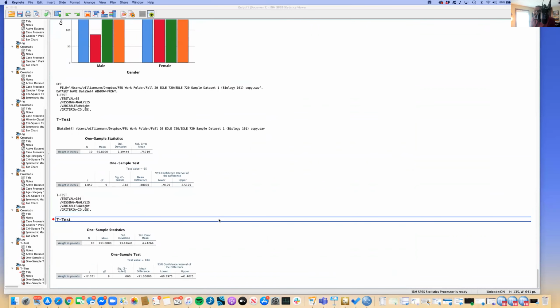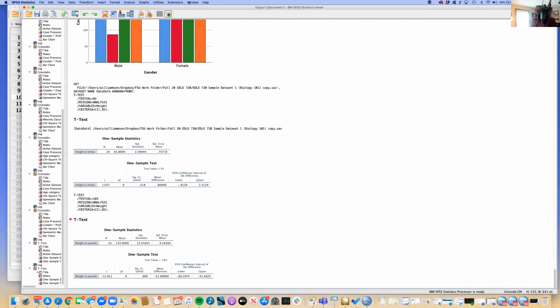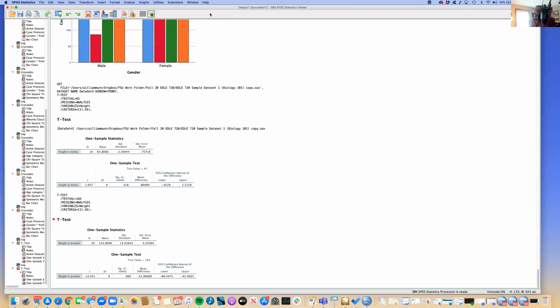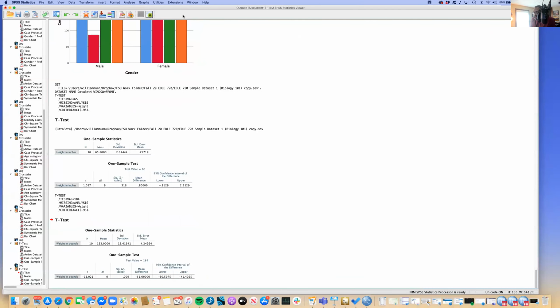So what we're going to come down here and see is that the mean weight here is 133, which is on paper much different than the national average weight of 184. And that makes sense. If we're talking about a classroom, those are folks who are younger, right? And as you get older, we all pick up weight.